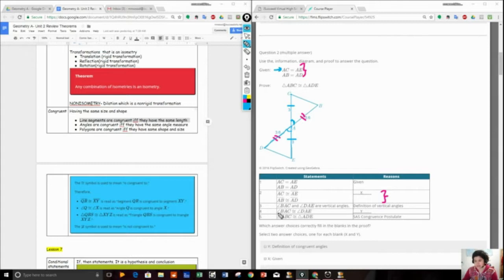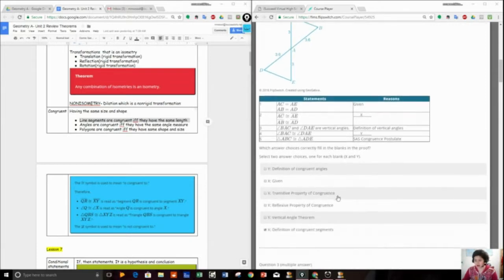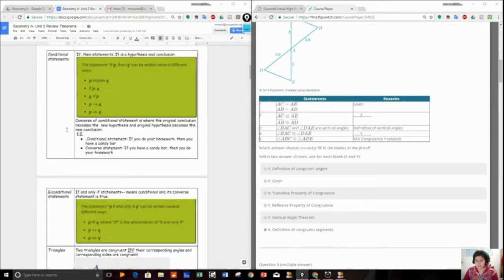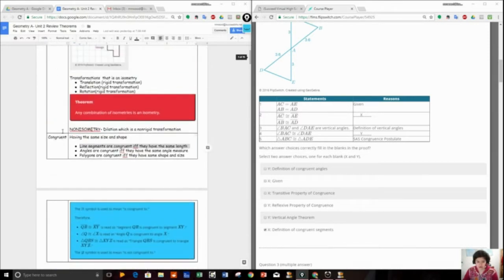Then it says angle BAC is congruent to angle DAE, and Y is left blank. So what are our options for Y? The definition of congruent angles, the reflexive property of congruence, or the vertical angle theorem. So we need to scan for congruent angles. Angles are congruent if and only if they have the same angle measure.